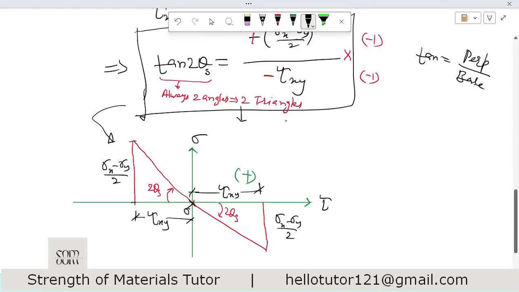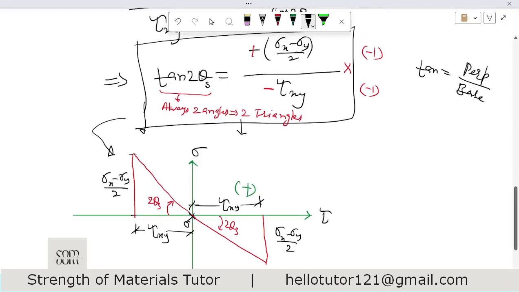Now we know the tan gives us two angles, and the difference between the two angles is 180 degrees. So 2 theta s is 180 degrees apart. It means theta s is 90 degrees apart. What does it mean?